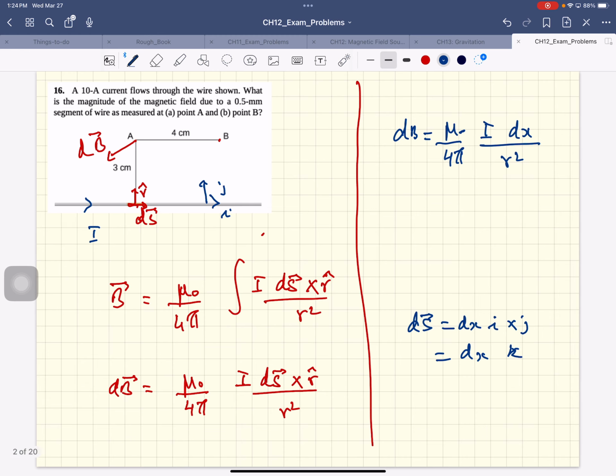K is a unit vector in this direction, and since we already know the direction, we are just finding the magnitude, so it's just I dx over r squared.